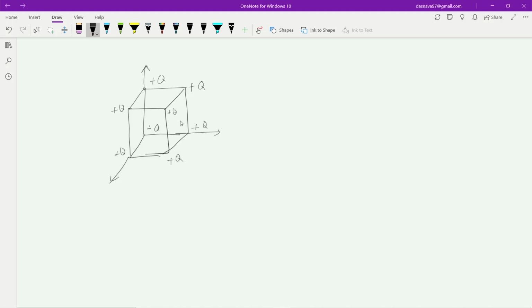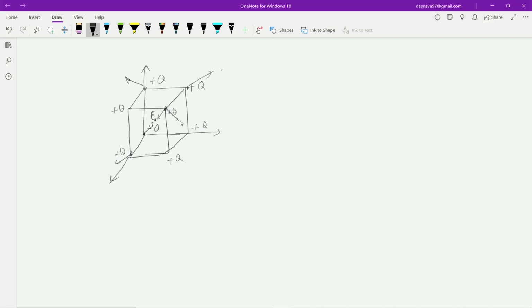Now all the positive charges, opposite positive charges, repel each other and they will cancel out. Only this minus q charge and this positive charge will attract each other, and they will give the electric field at the center of the cube.